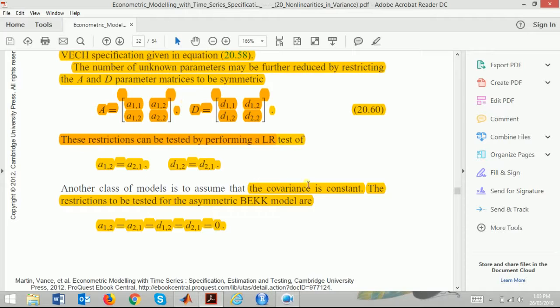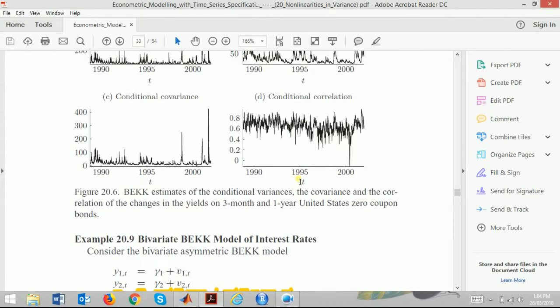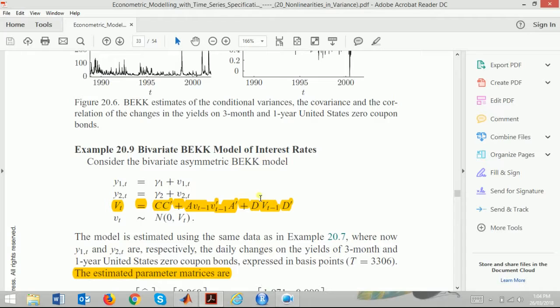Otherwise, we can assume the covariance is constant. And we can check if the BEKK model is symmetric or asymmetric by setting them equal to 0. If they are 0, you have symmetric. If they are not 0, you have asymmetric. Simple. It's the same thing actually. You can test for equal or you can test them against 0.